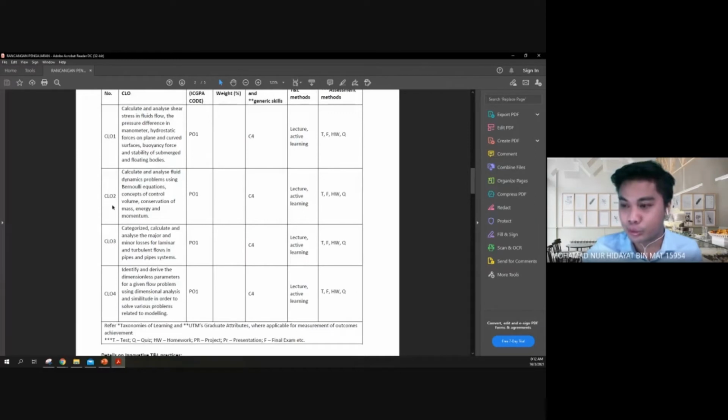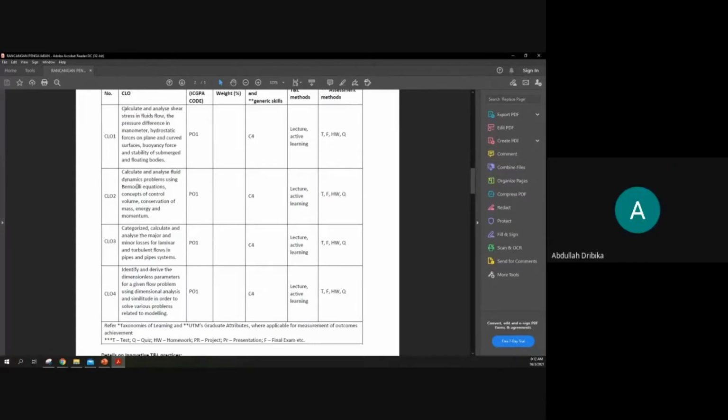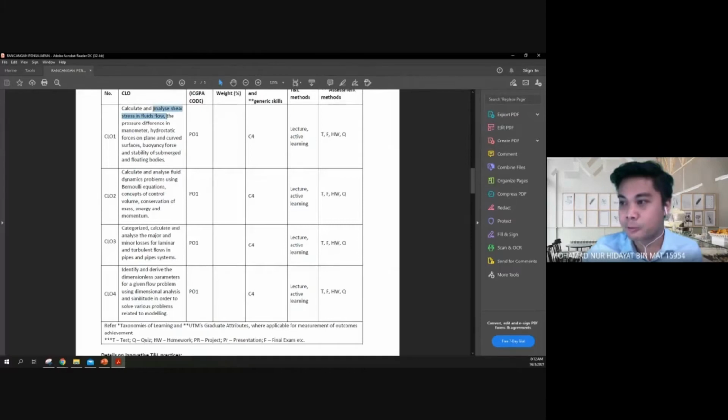After that, you go to CLO number 2, which is to calculate and analyze the fluid dynamic. The first is the fluid static, the second one the fluid dynamic. CLO number 3, you need to understand the major and the minor losses in a pipe system.